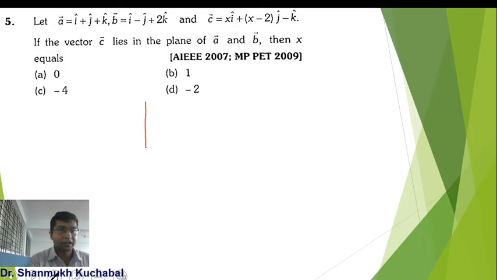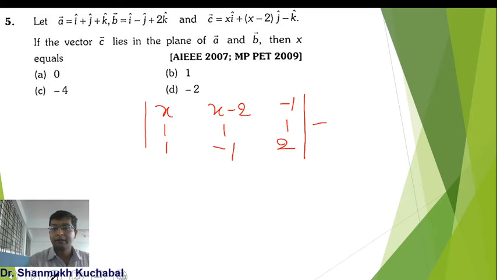First we will do the vector C, x minus 2 minus 1, and then I take vector A 1 1 1 and vector B 1 minus 1 2, and the determinant value we take as 0.